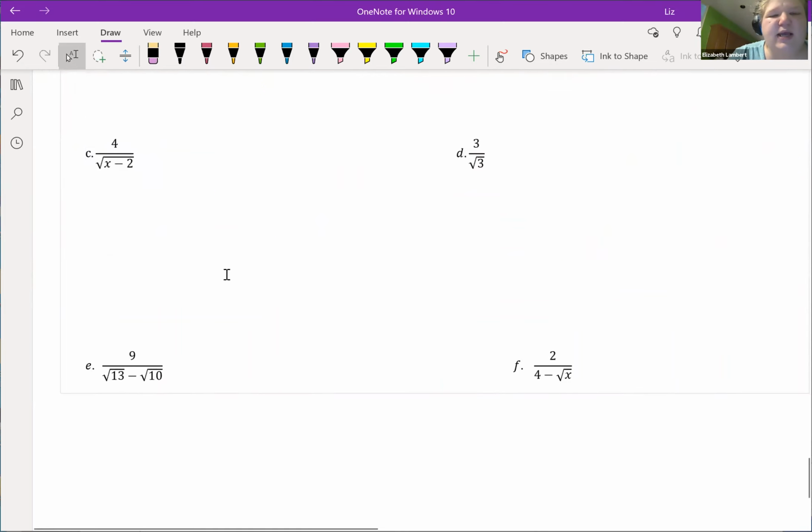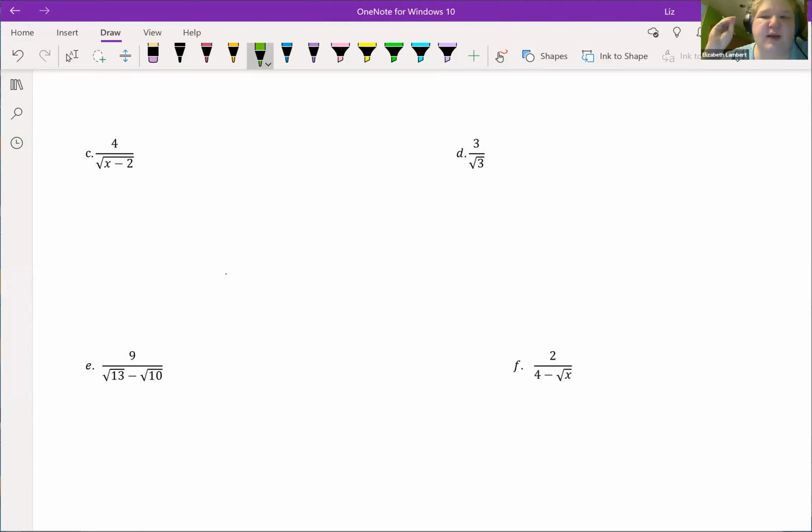All right. Now C can be a little trippy. It looks like there's 2 terms on the bottom, and there is 2 terms inside the radical, but there is only one radical. And it is the radical we want to get rid of.